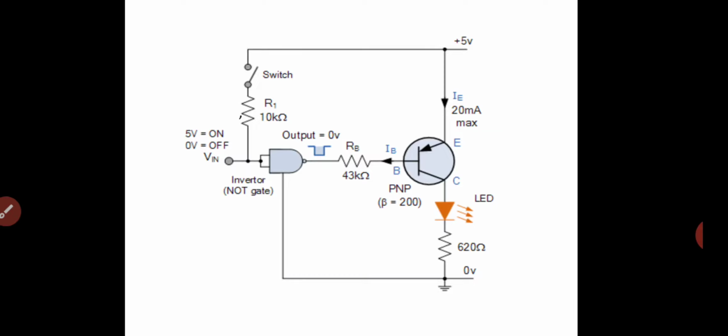Then the current does not flow from emitter to collector. The current direction is from emitter to collector. It is a PNP transistor, so the direction is the same, but in an NPN transistor the direction is opposite to the flow of charge.